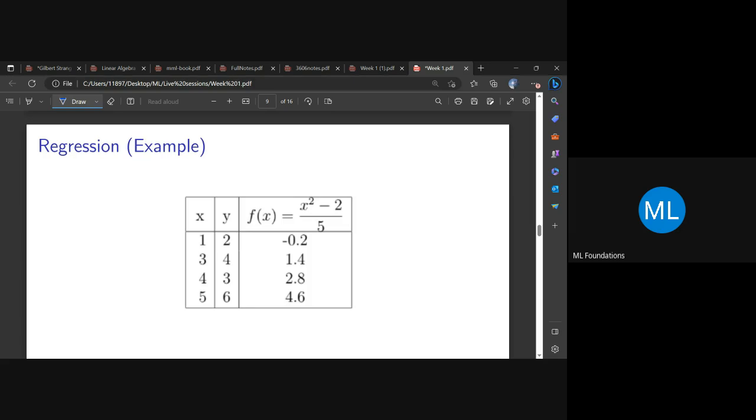One dimension, right? Now I have defined f(x) to be x squared minus 2 by 5, and we have evaluated our f(x). Now we want to calculate the loss function. Can you do it and check what the loss is coming to?